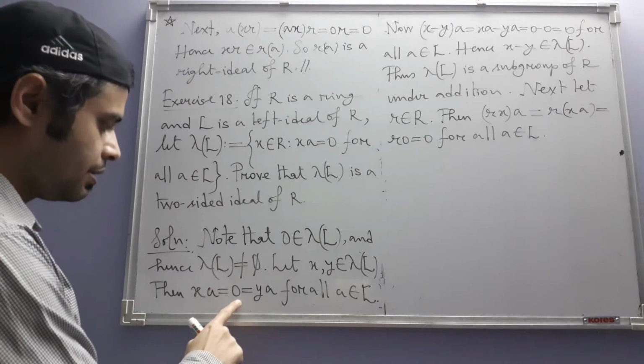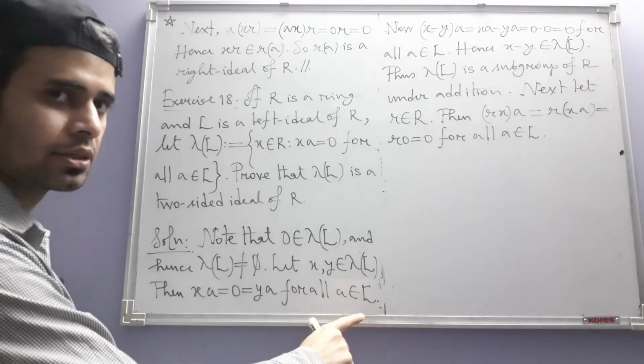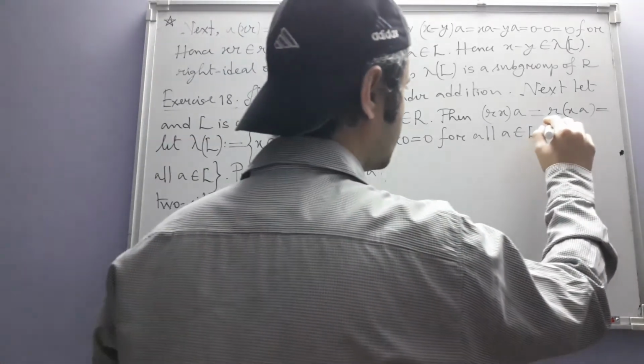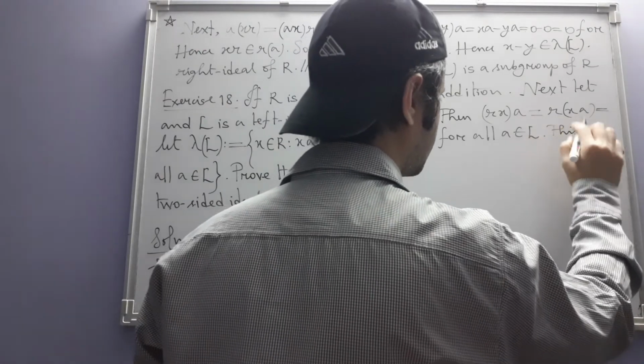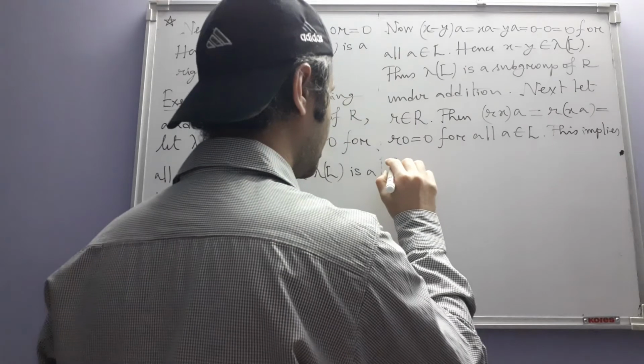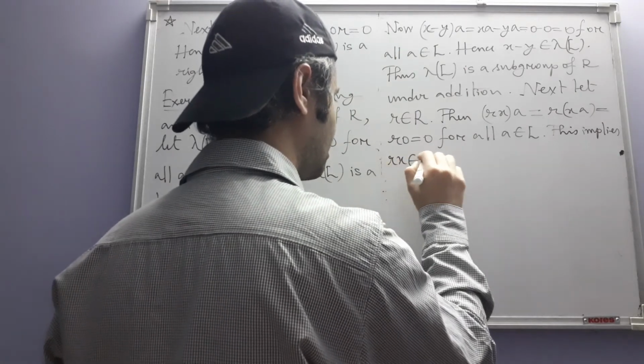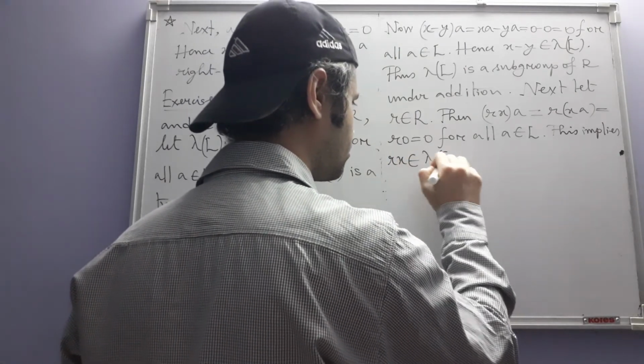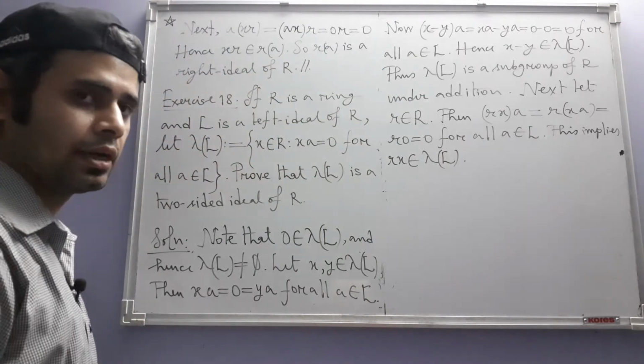Because xa equals 0 for all a belonging to L. This implies rx belongs to lambda L.